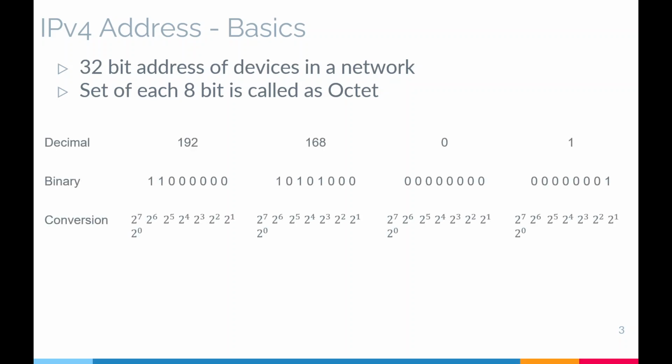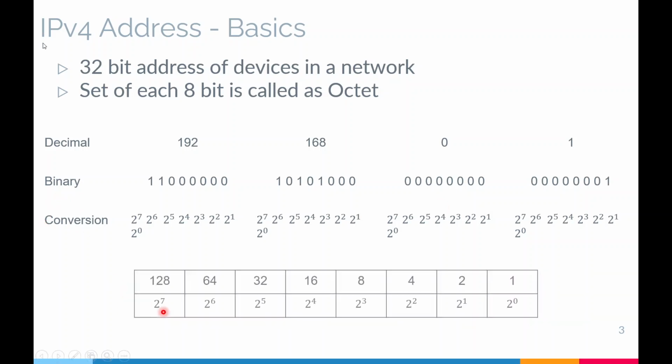So here's an example. This example has decimal, binary, and conversion. This is a typical IP address, 192.168.0.1. I have converted it into binary, and the logic for conversion is also shown here.